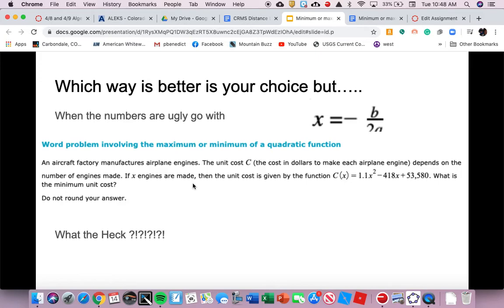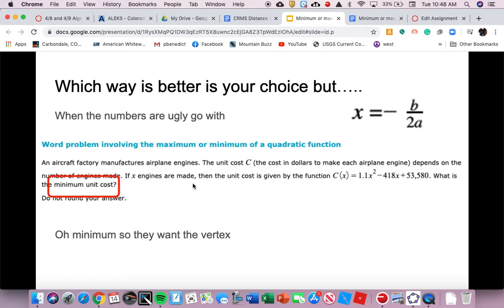What the heck? Oh, so anytime they mention a minimum or maximum, they just want you to find the vertex. And they want you to find the vertex of this equation that is given.